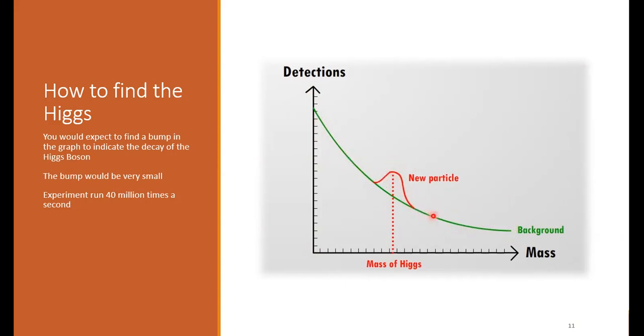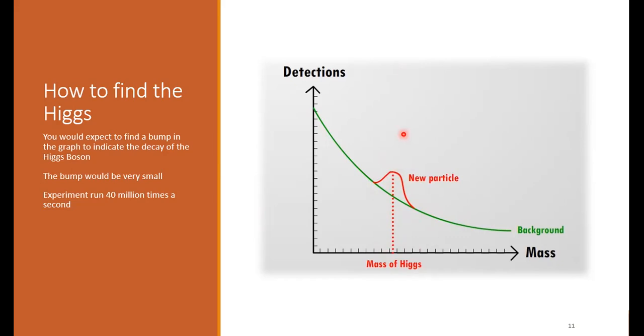This is what they were aiming to find. If they would find a bump like this, and this bump was located at this point, which corresponded to the mass of the Higgs. Remember, we talked about narrowing down the range of values for mass. So in that narrow range, if we were to find this bump, that would be confirmation that we are indeed looking at the Higgs.